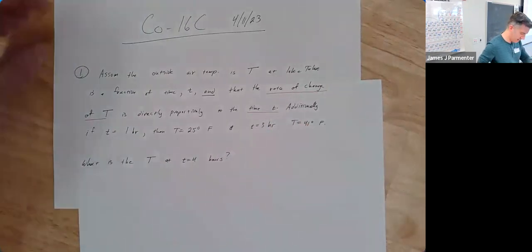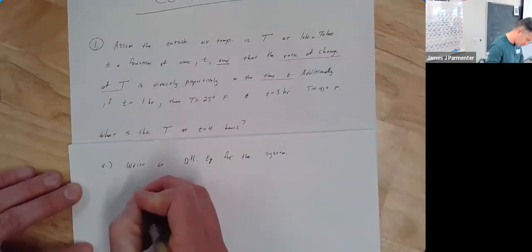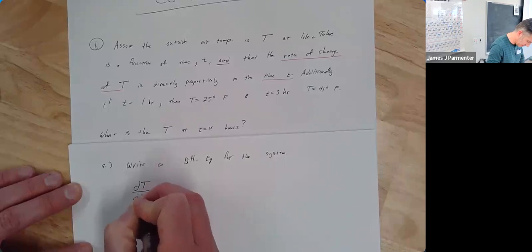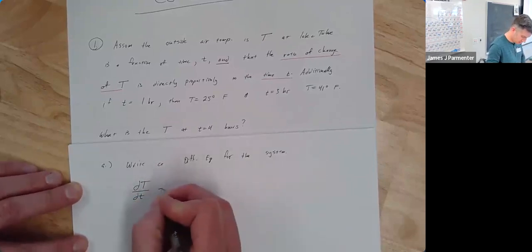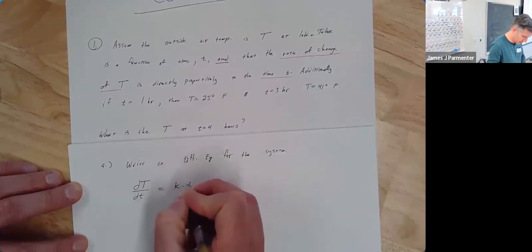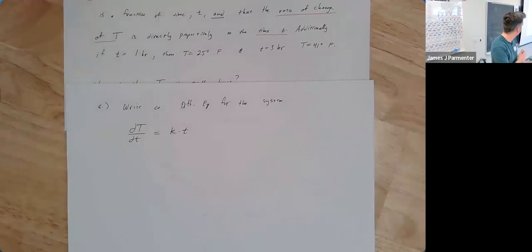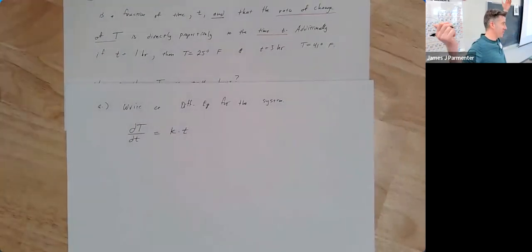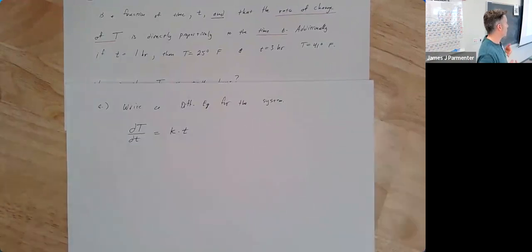So when I see that, I'm thinking that the rate of change of temperature, dT/dt, has to be a multiple of time. So k times t. You can use whatever constant you like, but k is pretty standard. That's it. That's the answer to part 1. We wrote a differential equation for temperature in terms of time, or more generally, describing the system.